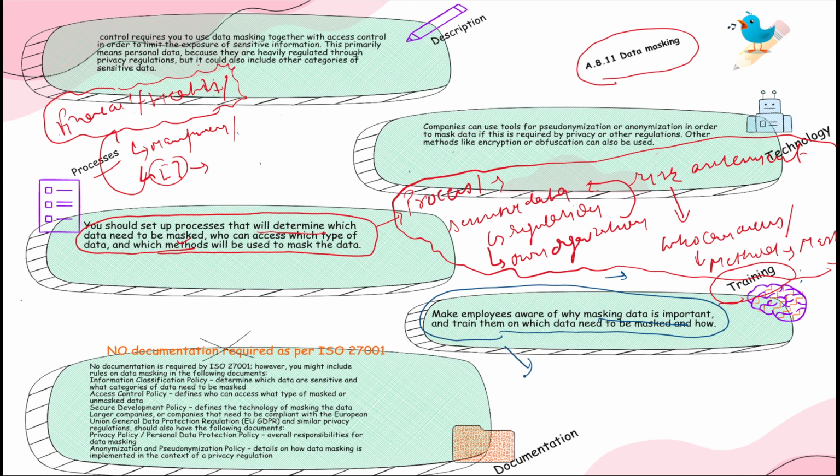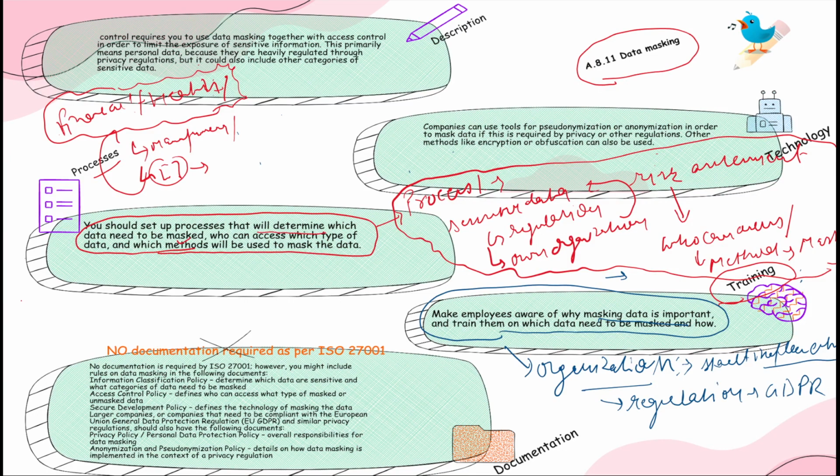And if your organization is not dealing with information that is critical or sensitive, or you are not aware of the regulations where you are operating, please start looking into those, start implementing and start training your employees, because once a regulation like GDPR is involved, you have to ensure that your people are trained and the proper processes are in place, so that you have a proper organizational and technological control in place to meet the regulation requirement.